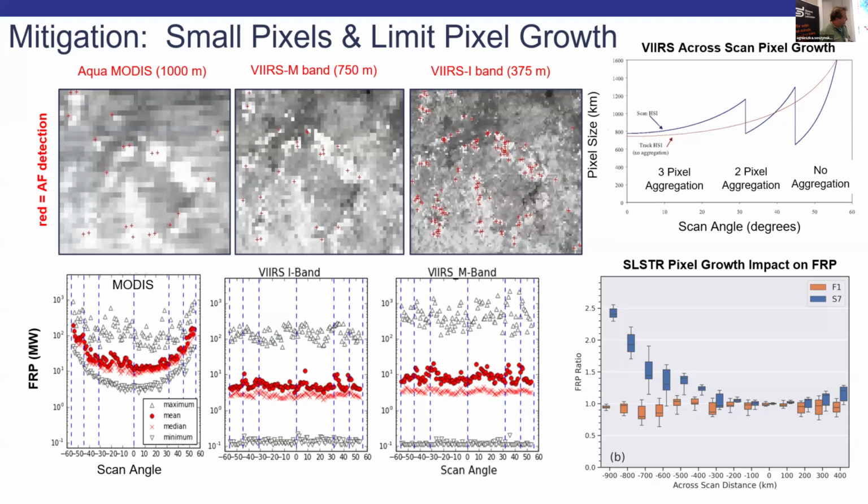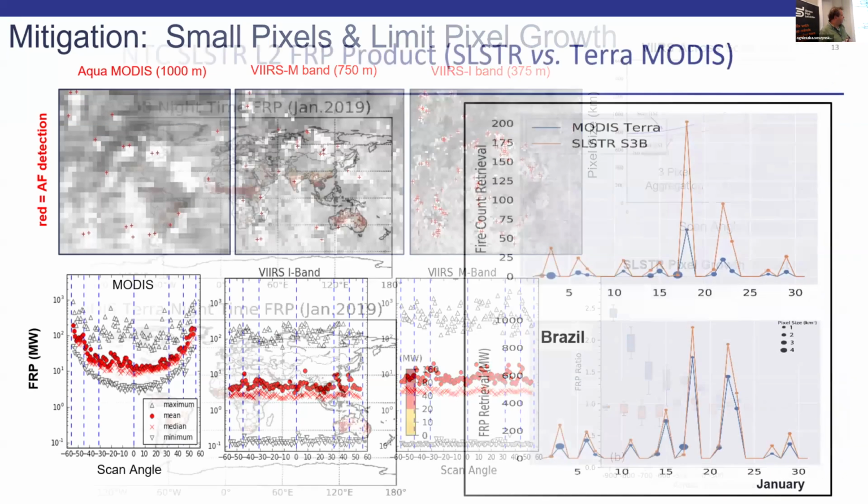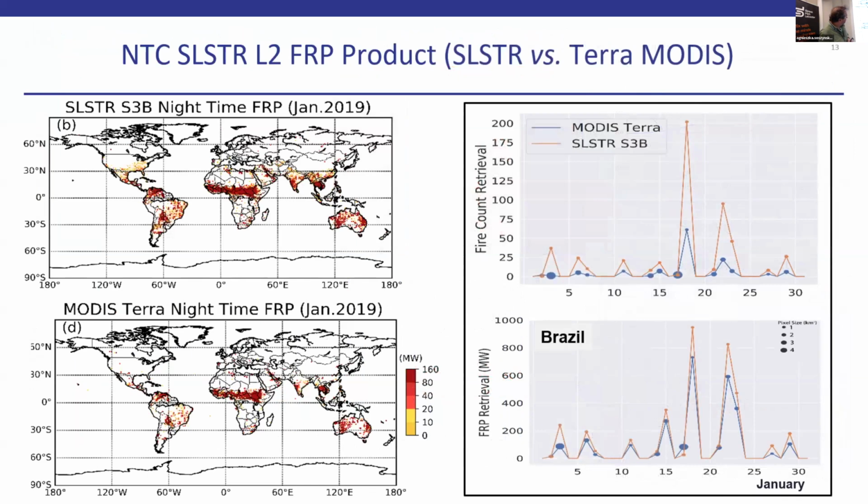So that was an unexpected benefit of this F1 channel design. And now ESA, who are producing the product, have switched to producing it with the F1 data rather than the F7 data because of this. All these things were tested for a long time, and it's still going on now.